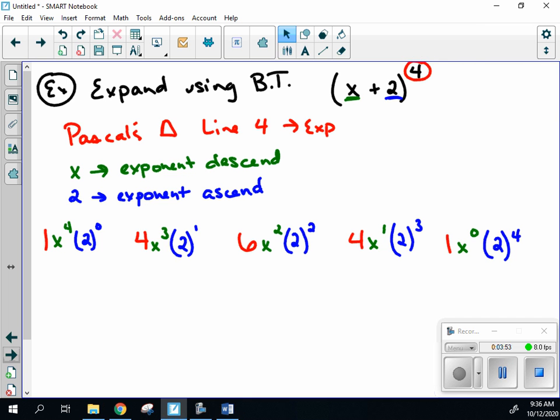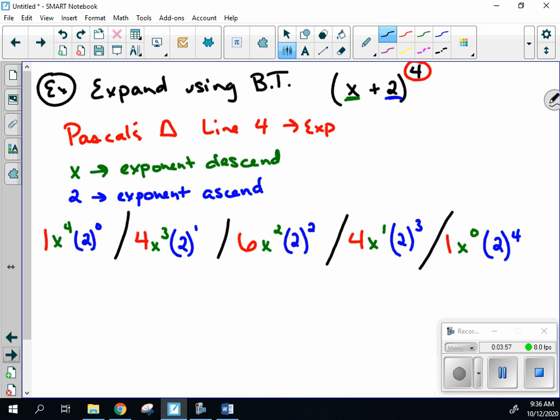So in between each one of these, I've now set it up and there's a pattern there. The red numbers deal with the original exponent in Pascal's triangle, whatever line that is. The x is the first term that I'm expanding, and the exponent descends in order. The last term, that 2, is going to have the exponents ascend.